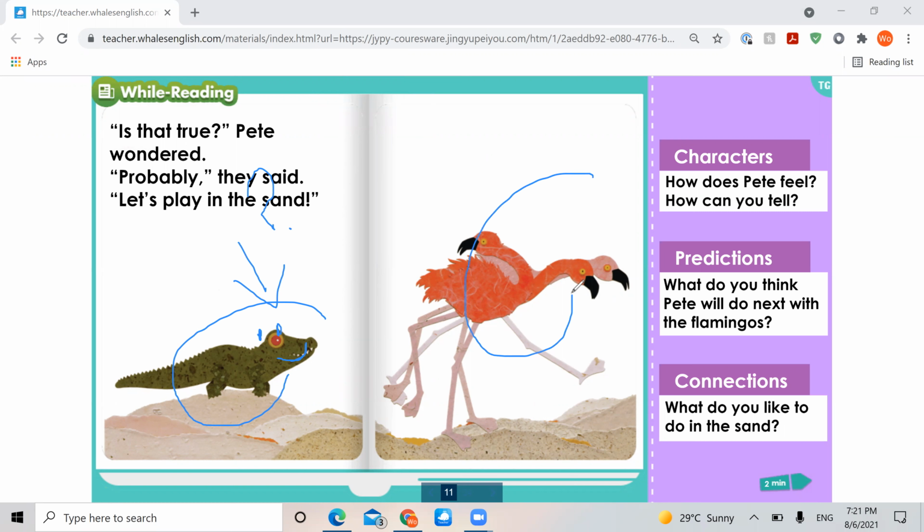What do his friends want to do? I want to play in the sand too. Do you like playing in the sand? It can be so fun. I wonder what they're going to do next. Let's predict together. Yeah, I think they're going to swim too. Let's find out.